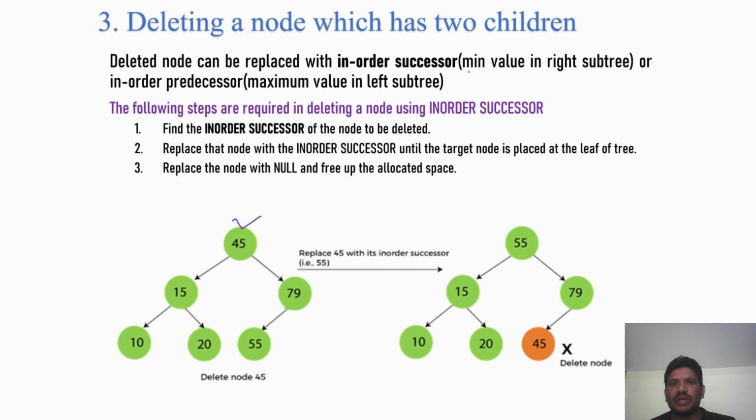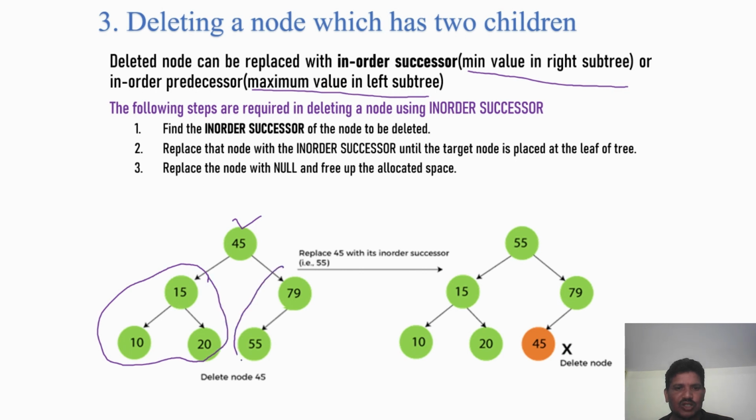Either you find the minimum value in the right subtree or the maximum value in the left subtree. Either you go for the first step or the second step.